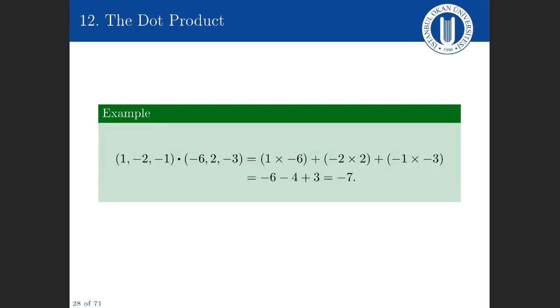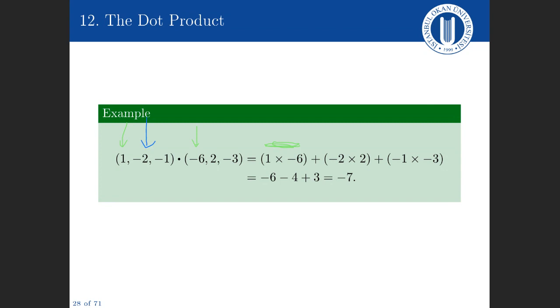Let's look at some examples. Suppose we have two vectors, (1, -2, -1) and (-6, 2, 3), and we want to calculate the dot product of these two vectors. First, we take the first two numbers, that's 1 and -6, and we multiply them together.